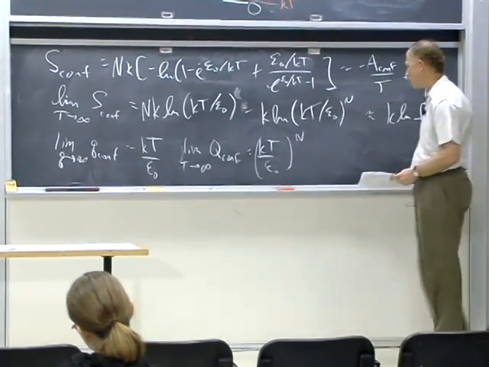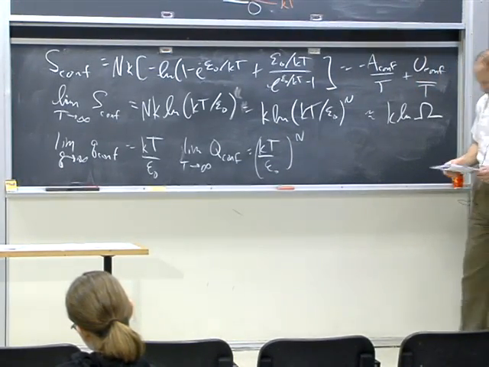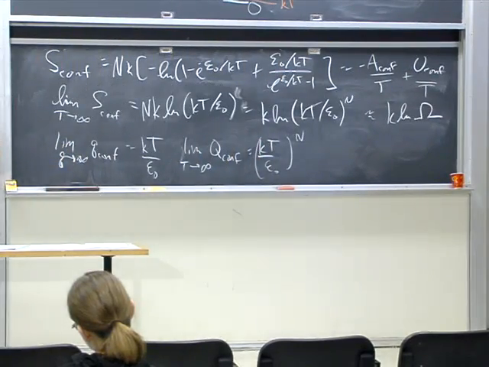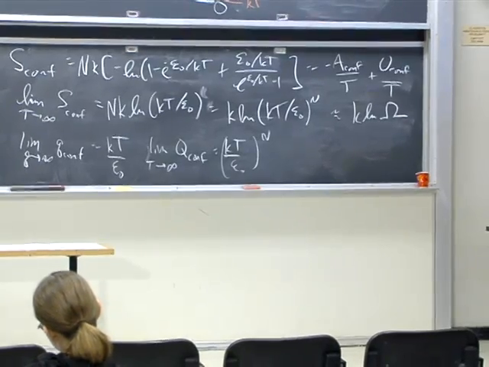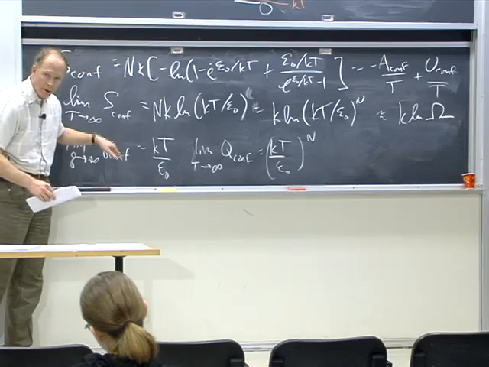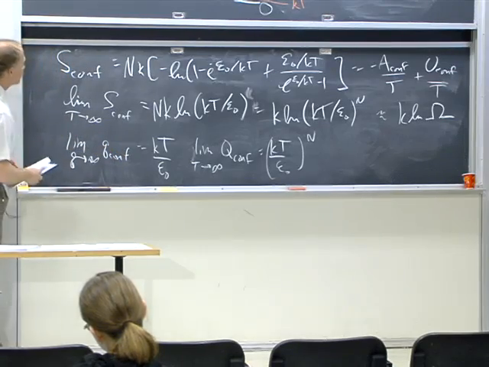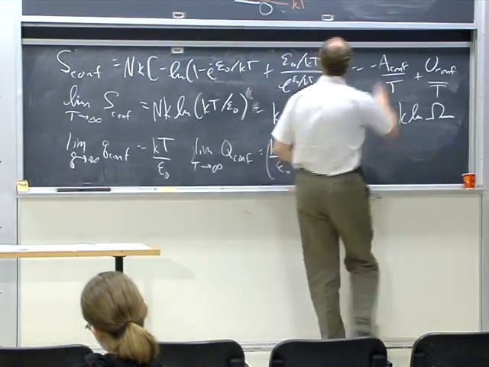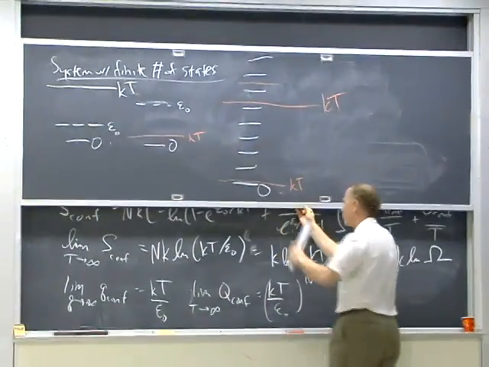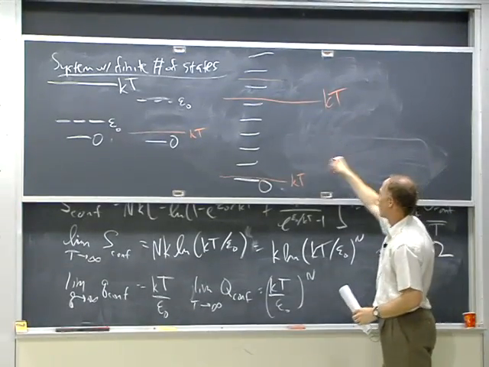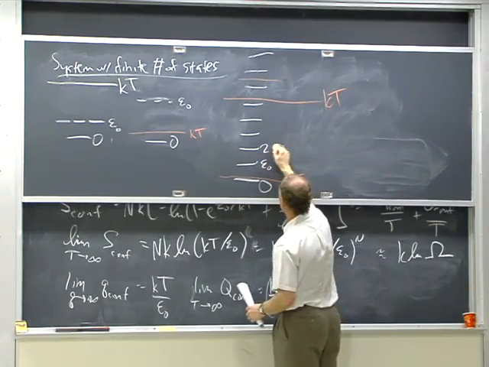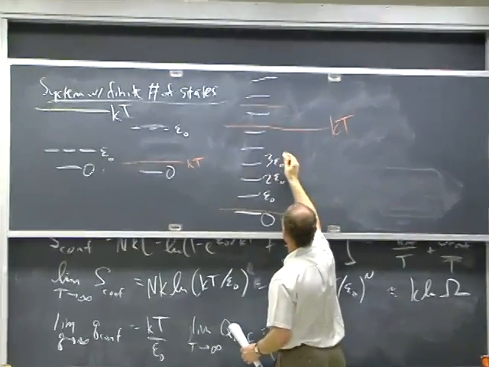So you have a very simple expression. Again, what this is doing is giving us a measure of how many states are available. And it's particularly informative to look at that for the molecular partition function. If I look at kT over epsilon, and these levels, remember, are evenly spaced, so here's epsilon 0, 2 epsilon 0, 3 epsilon 0, and so on.